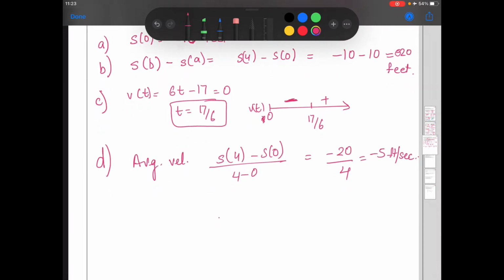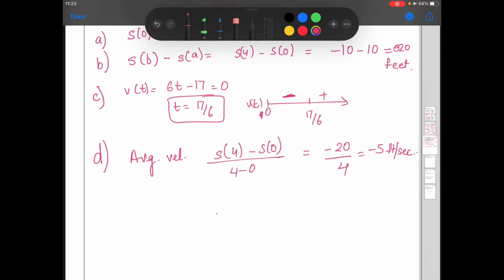Right? Okay. So basically, what does that mean? The position is decreasing at a rate of 5 feet per second. It's decreasing because it's a negative. I know it's not asking you to explain that, but I just want to give you the explanation because it makes you understand this better.